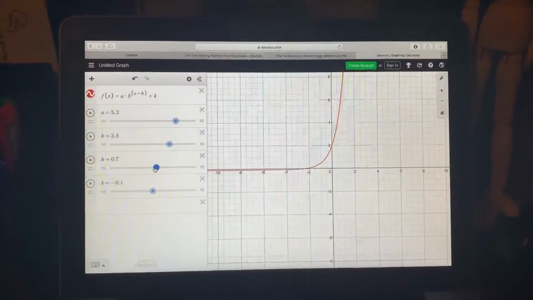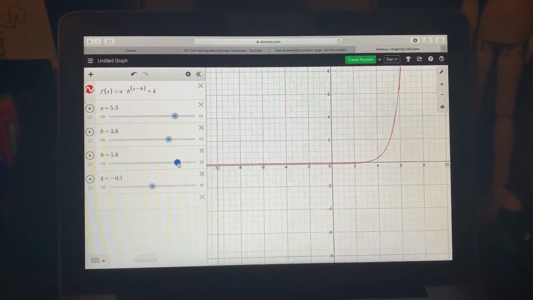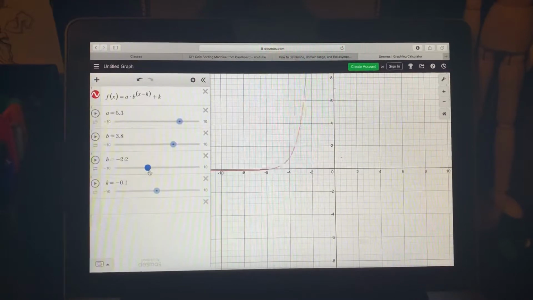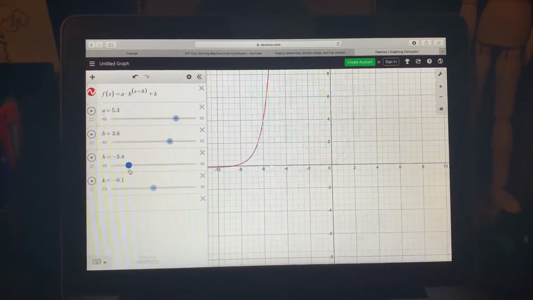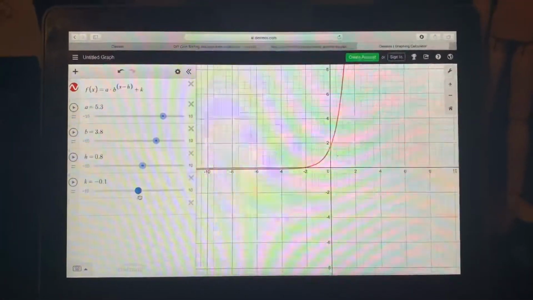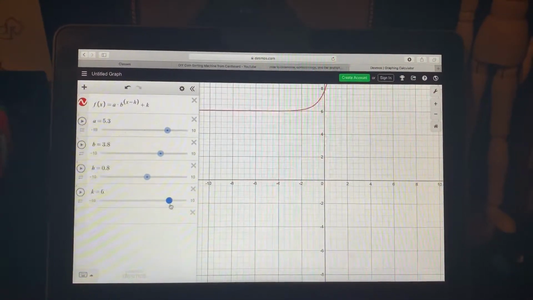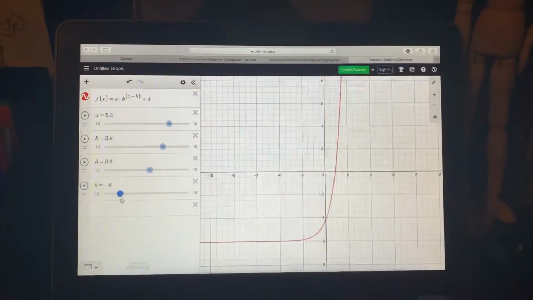Now, as for the H function, this shifts the slope left or right, and depending on whether it is negative or positive, it'll shift in the opposite direction. Now, as for K, this is what shifts it up and down. So if it is positive, it'll shift it up, and if it is negative, it'll shift it down.